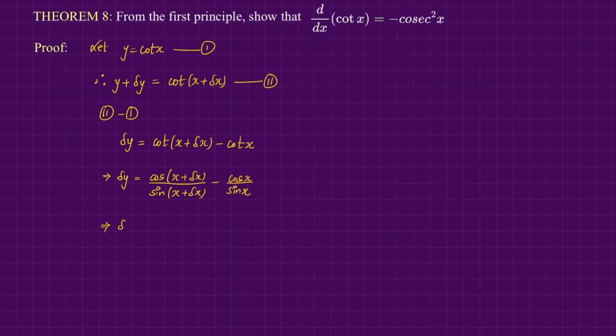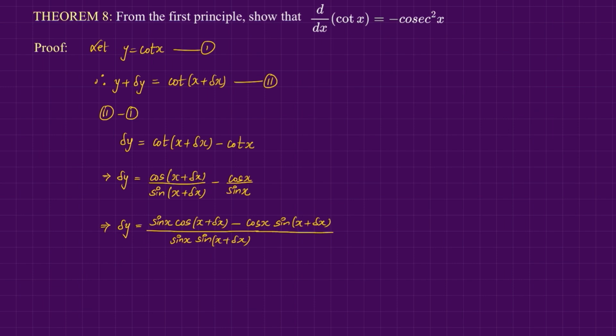This implies delta y equals, the LCM of denominators will be sine x into sine of (x plus delta x), and in the numerator we will have sine x into cos (x plus delta x) minus cos x into sine (x plus delta x).